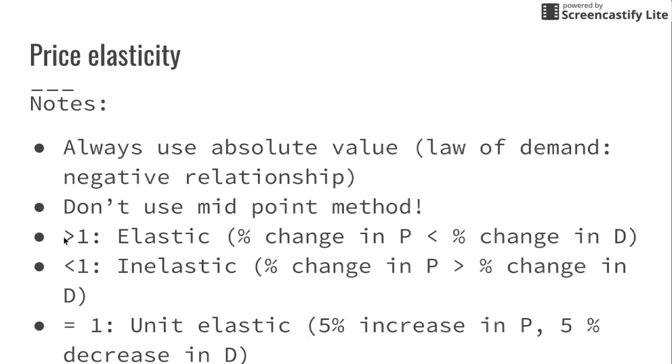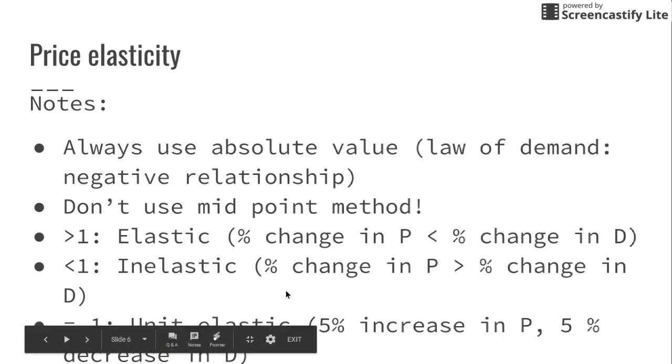If you have a number that's greater than 1, that means the demand for the good or service is elastic. An example here is the percentage change in price is less than the percentage change in demand. So say price went up by 5%, demand would decrease by 10%.